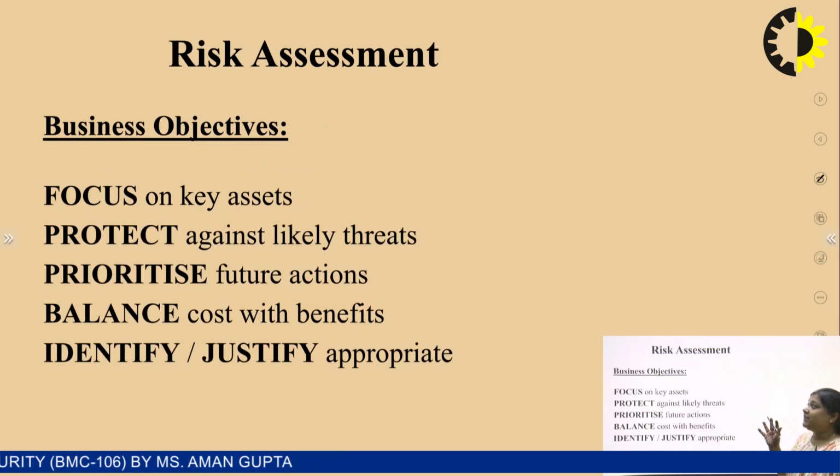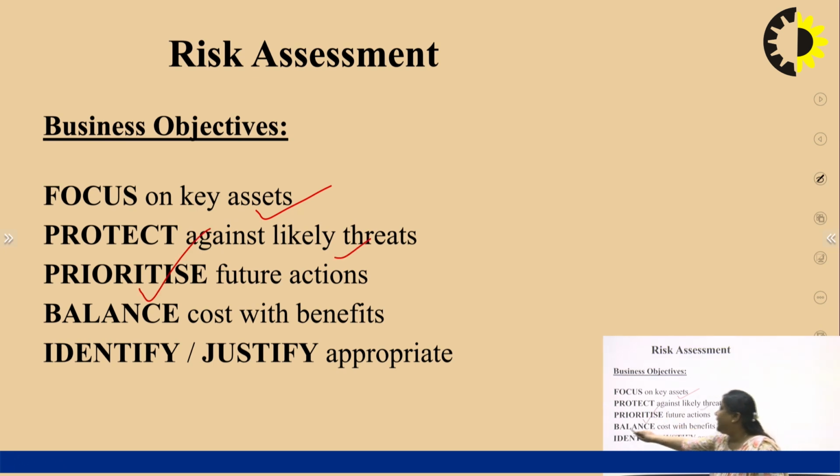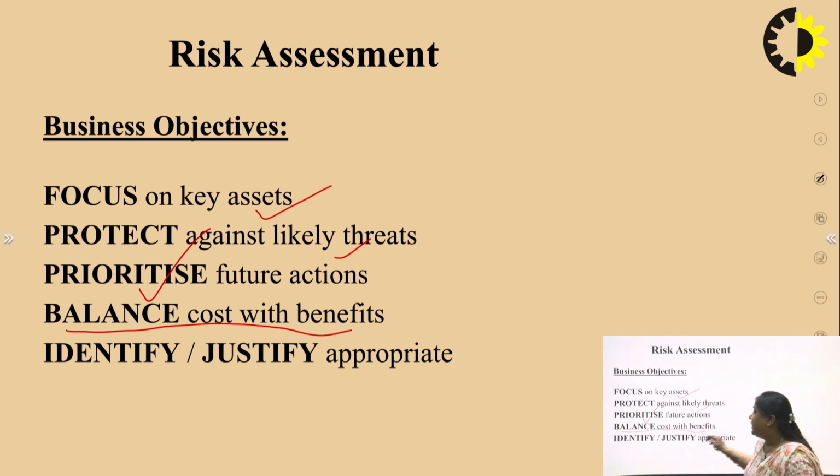Now, risk assessment. What are the business objectives of risk assessment? As we already discussed: focus on key assets, protect against likely threats, prioritize future actions, balance cost with benefits, and justify the appropriate measures.